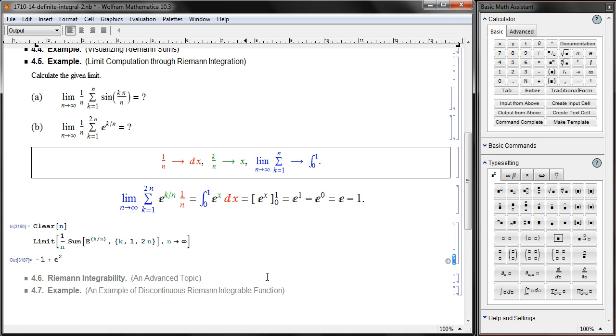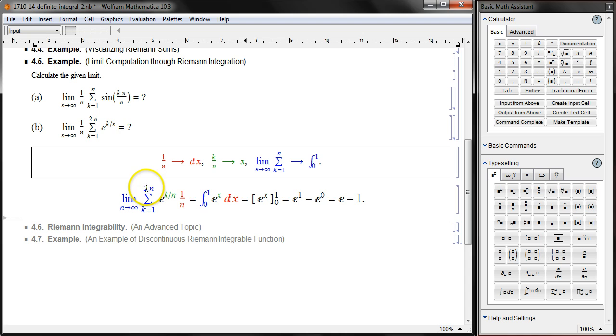Pretty close, but not exactly right. Now, what is causing this difficulty? As a matter of fact, it's right here. In the original problem, we are going to 2n. Here, in blue part, we have just n. That makes a bit of a change here. We have to go to 2.